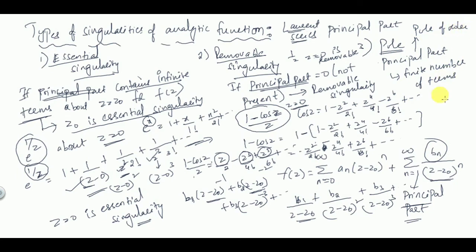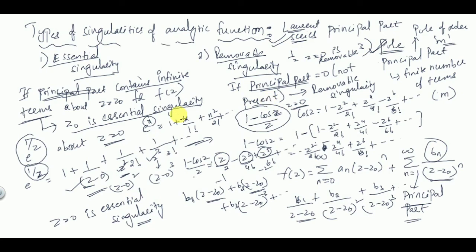If it contains a finite number, and that finite number is m, that is, if the total number of terms is m, then it is called a pole of order m. I will take a question on this when I'm explaining the Laurent series, and I will clearly explain the concept of pole there.